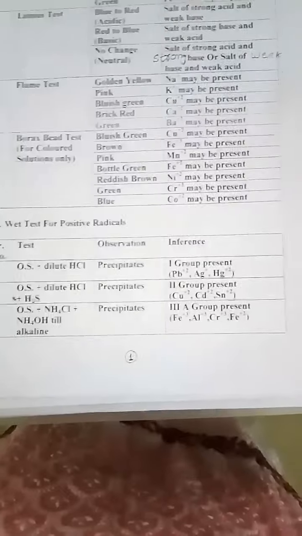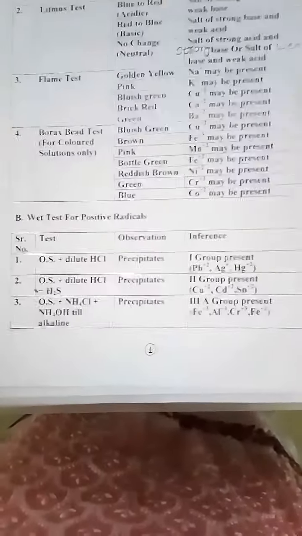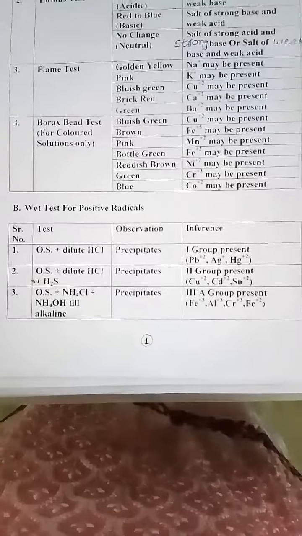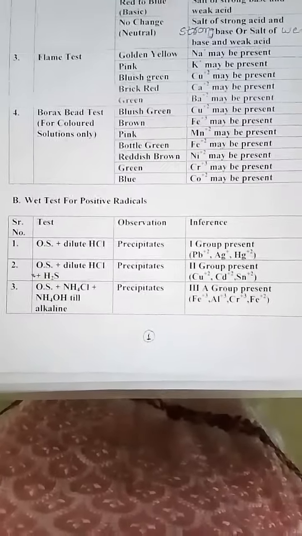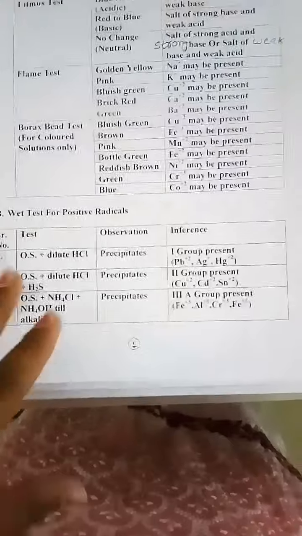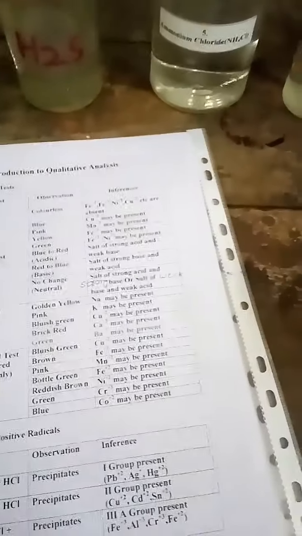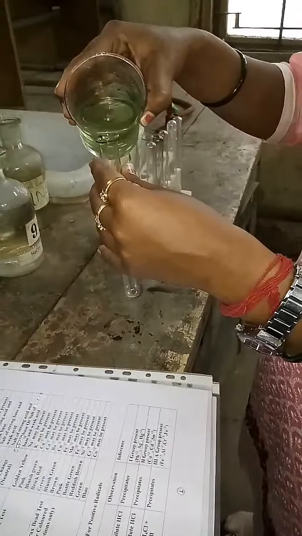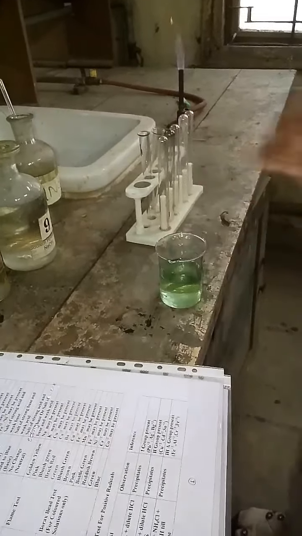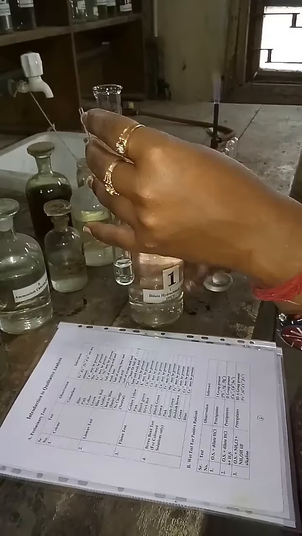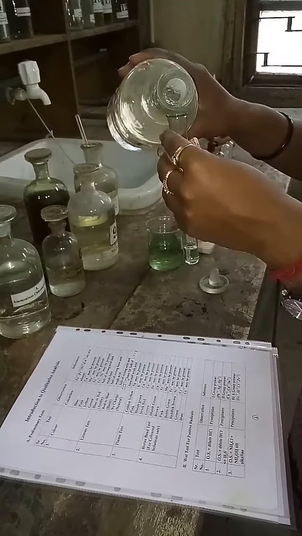Now we are going to perform wet tests for positive radicals, or you can say group analysis. For that, the first test is OS plus dilute HCl. We take a small amount of OS in a test tube, add dilute HCl solution and observe.